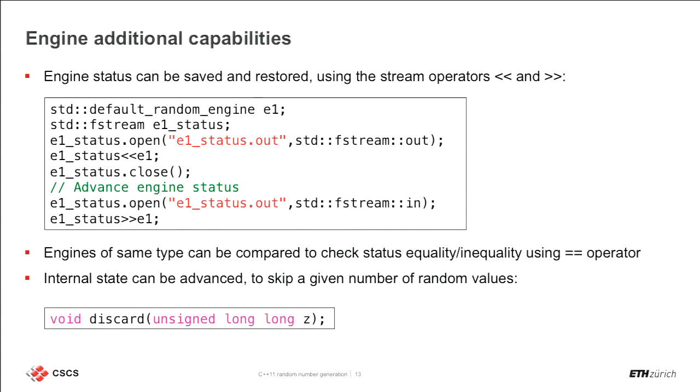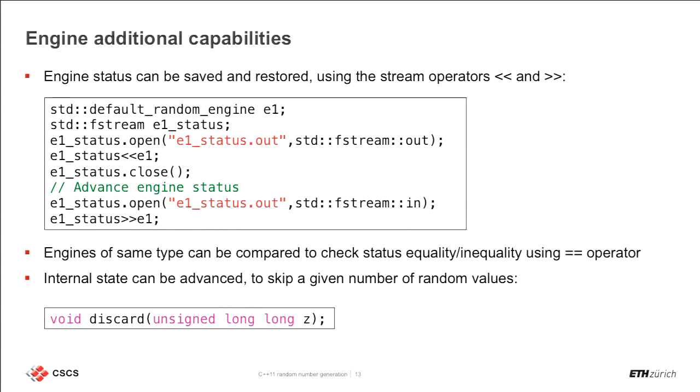The engines have some additional capabilities that I think are quite useful if you want to use them for your work. Basically, they have an internal status, which represents the state in the sequence of random numbers they have generated, that can be saved and restored using the stream operator. Let's say that we are using this default engine and we have generated a set of random numbers.